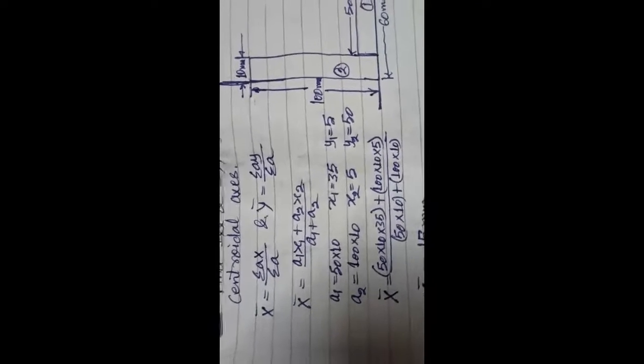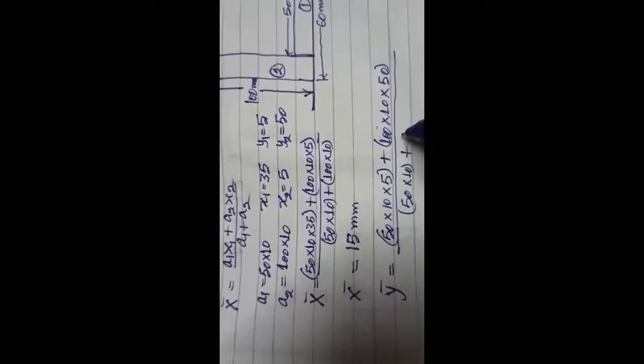And Y bar is A1Y1, so A1Y1 is 50 into 10 into 5, plus A2Y2. A2 is 100 into 10 into Y2 is 50.